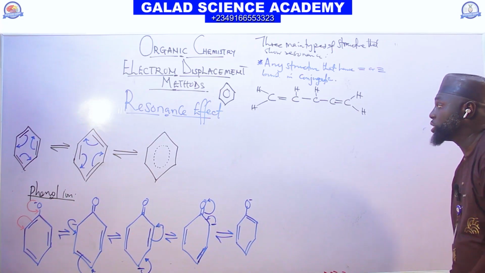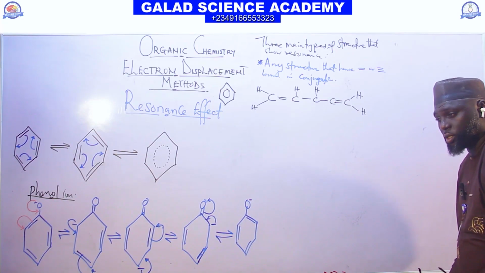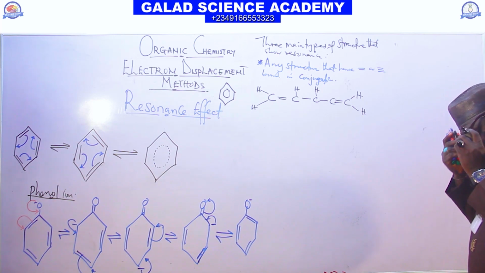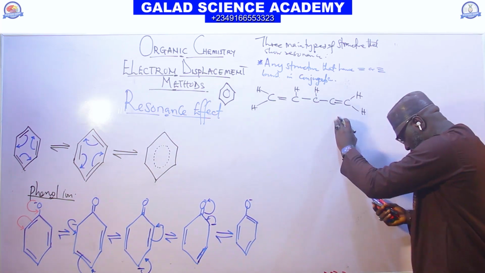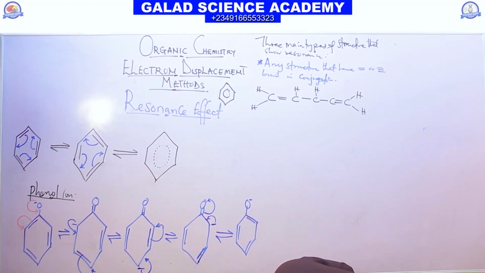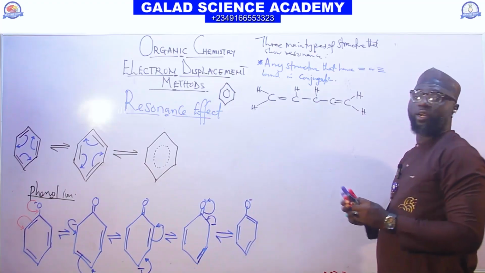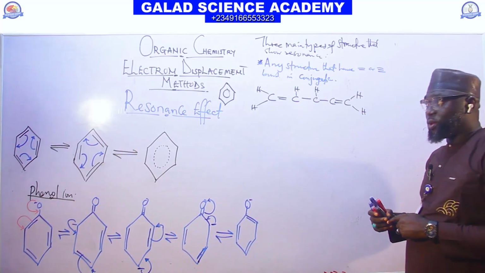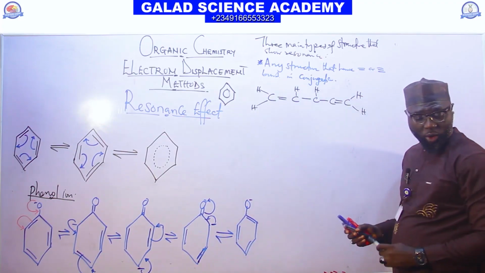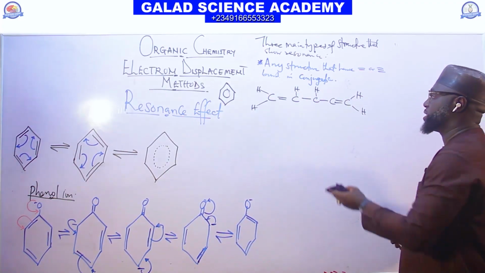This compound has double bonds, but look at the double bonds of this compound. Are they conjugated or isolated? You can see that they are isolated. Therefore, it cannot undergo resonance.